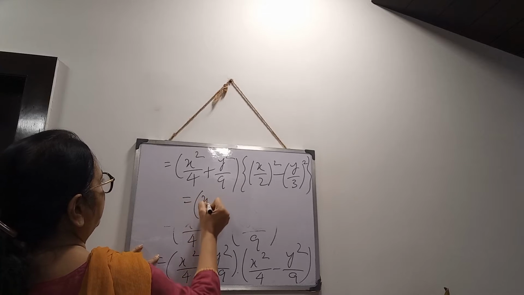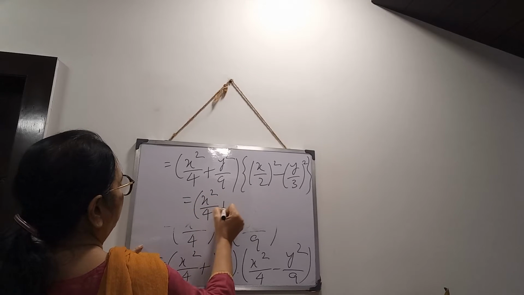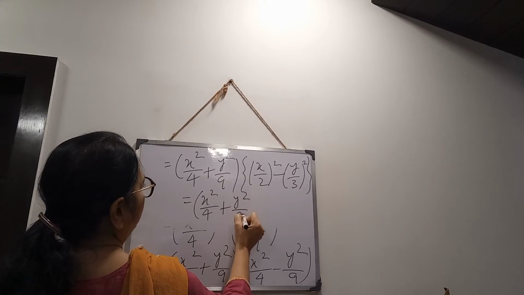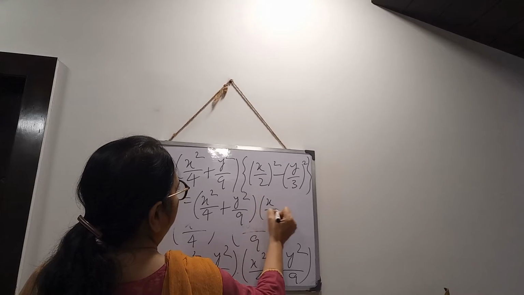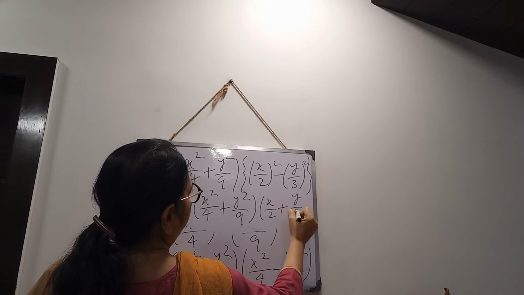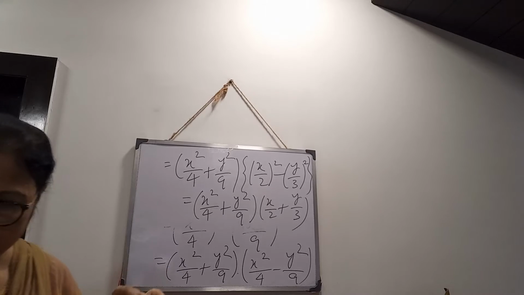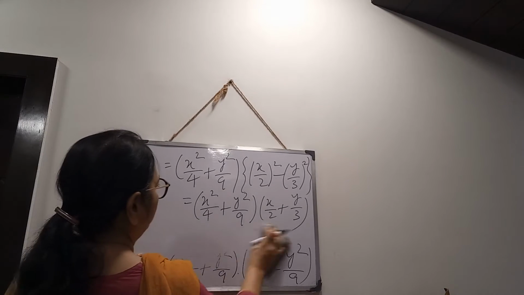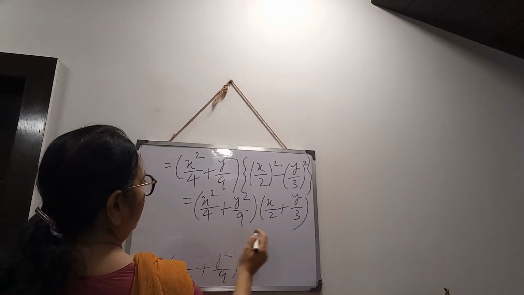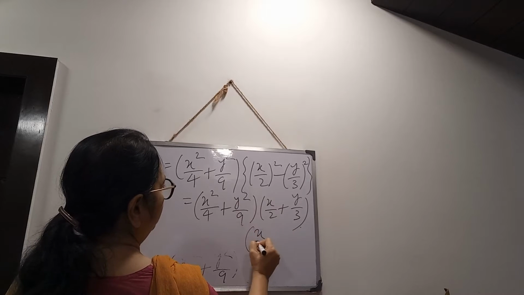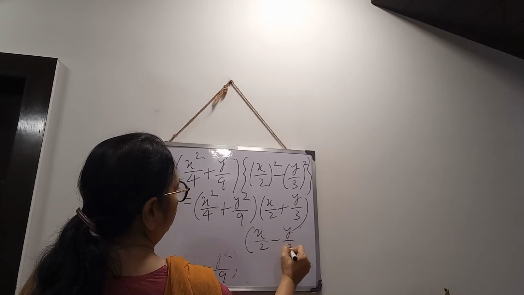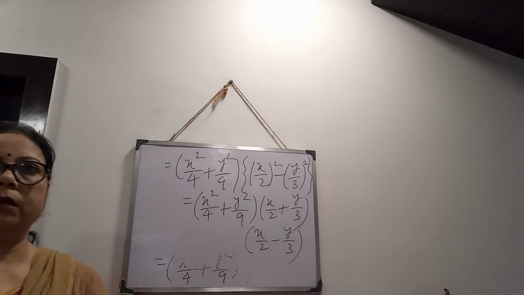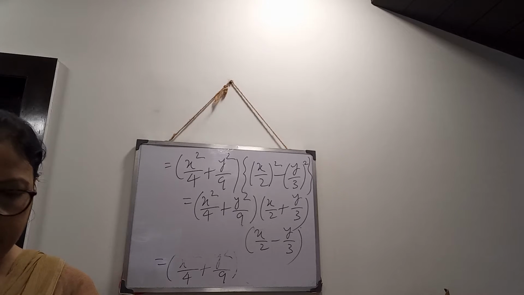So it is x square by 4 plus y square by 9 into x by 2 plus y by 3 into x by 2 minus y by 3. These are the factors. Clear?